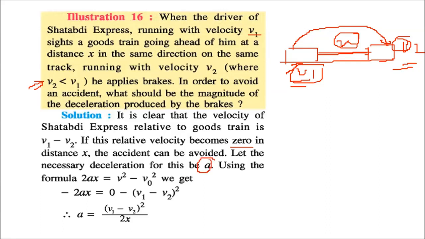That is A. We'll use the equation of motion 2ax equal to v square minus v0 square, and this v0 will be simply the relative velocity. The final velocity will be 0 because Shatabdi has to come to rest, and a has to be minus a because this is deceleration. When we rearrange this, we get a equal to (V1 minus V2) whole square by 2x.